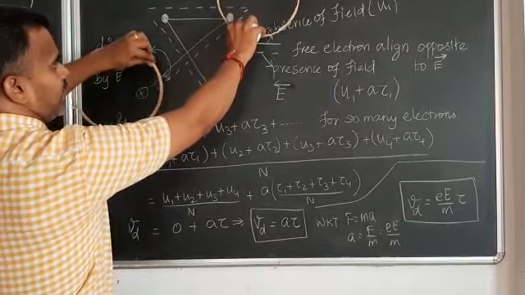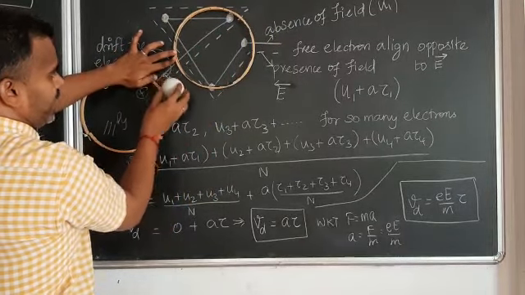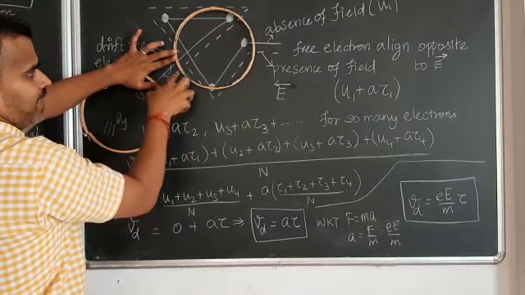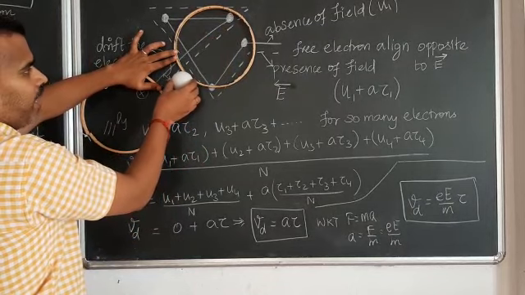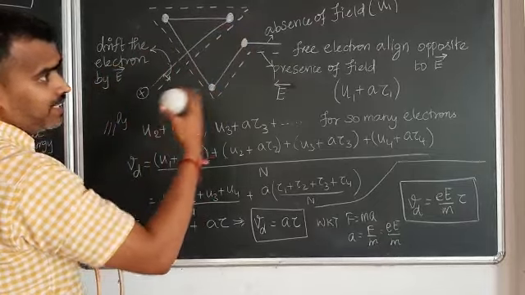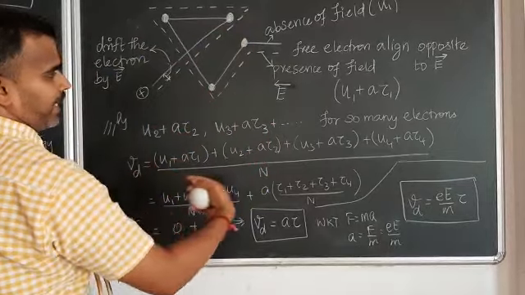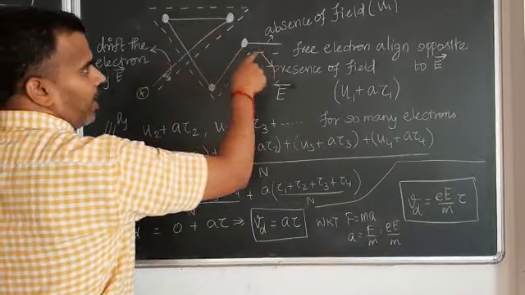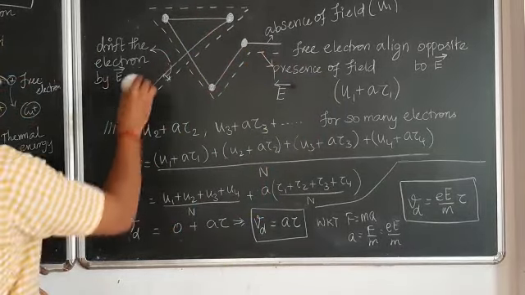Instead of going in this line, it goes along the dotted lines, hits the ions, returns back and aligns. They try to align in the opposite direction of the applied electric field. Suppose the electric field is applied in this direction, then all those electrons are aligned opposite to the field direction. This is for one electron.